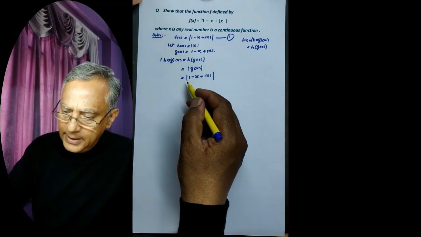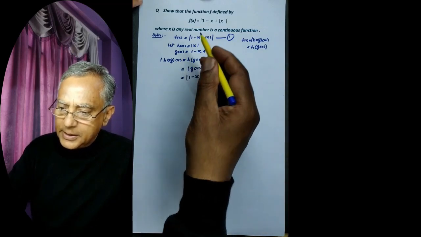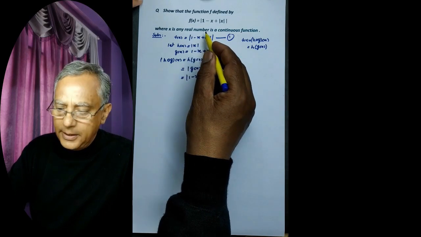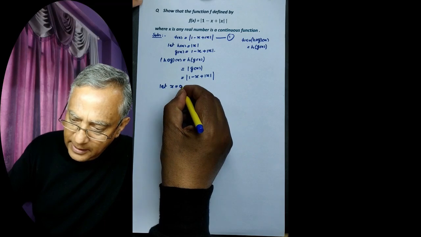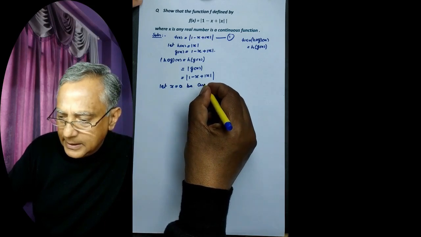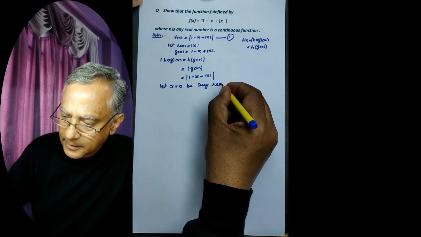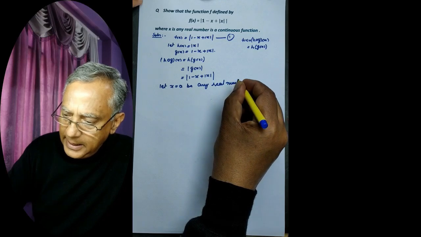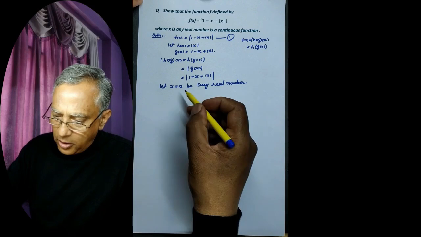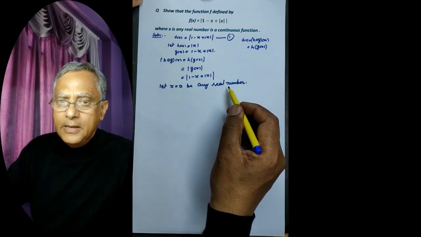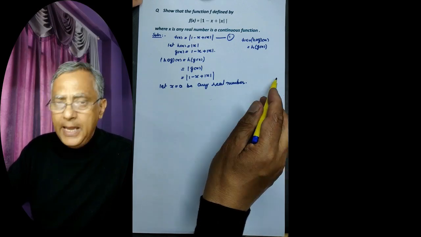Now to prove that this function is continuous for all real numbers, let x equal to a be any real number. Now for continuity of composite functions, we have already discussed the result.